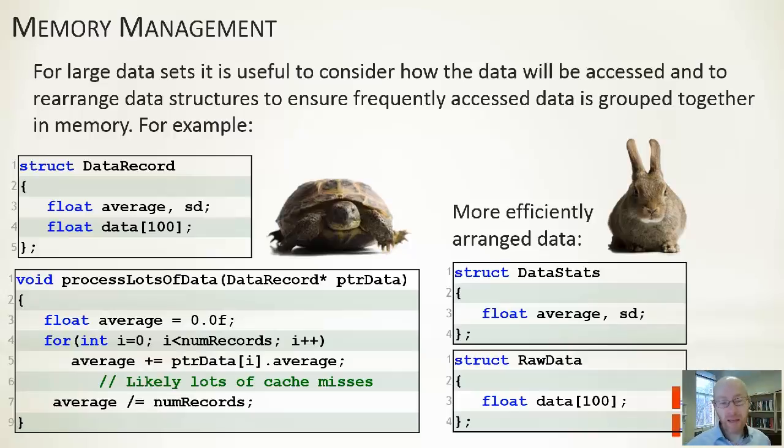Now, if you think about this, in particular line 5, where we are accessing the average of the data record, and you imagine a whole array of data records set out in memory, and you think about where averages are going to be located in each of those cases. If they are set out contiguously in memory next to one another, then to get from one average to the next, you're going to have to jump over 101 other pieces of data, the floats, before you get to the next average.